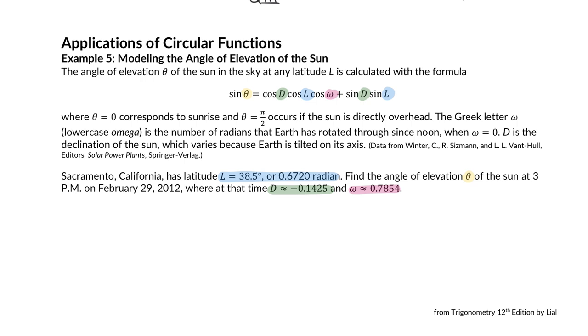The reason I told you not to panic is because this formula requires d, L, and omega. What were we given in this problem? Oh, okay, so this is a plug and chug question.